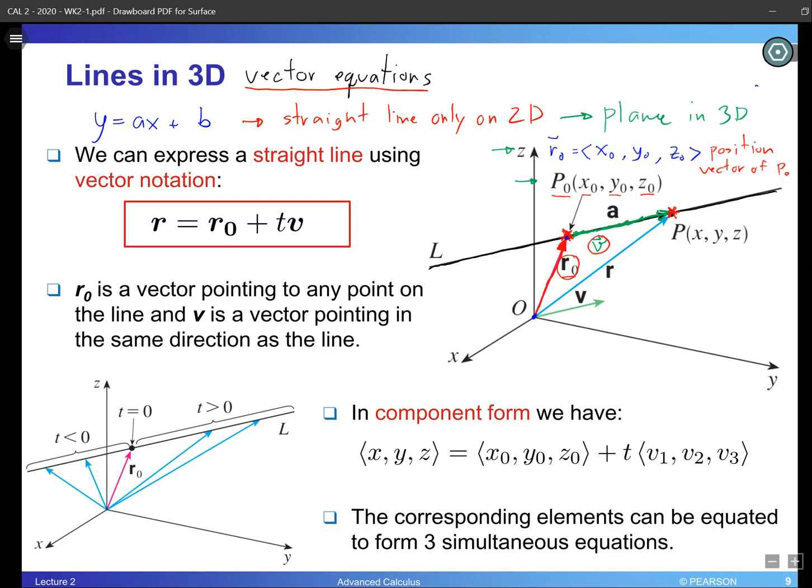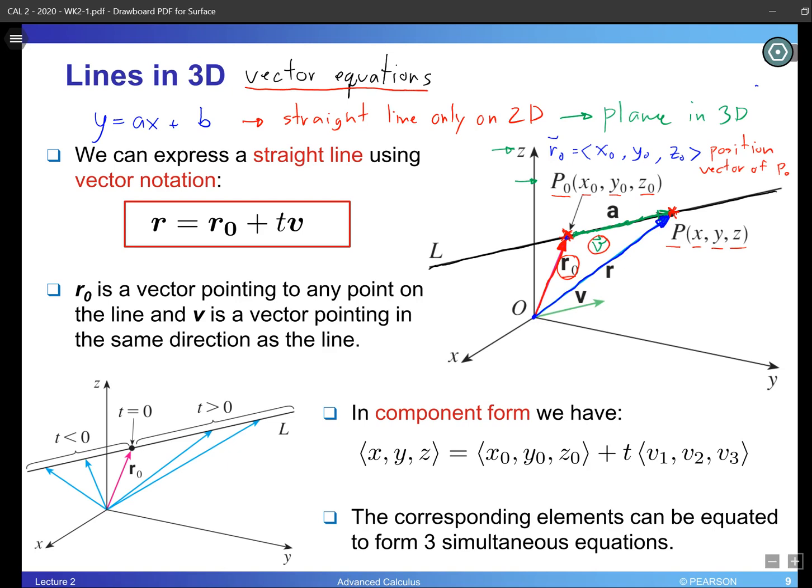Let's call this new point P, and it has its own coordinates, x, y, and z. Now, the next thing we are going to do is to build a position vector for this new point. Once again, a position vector starts at the origin and ends at the point in the space. We want this.